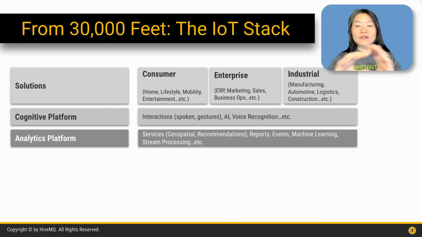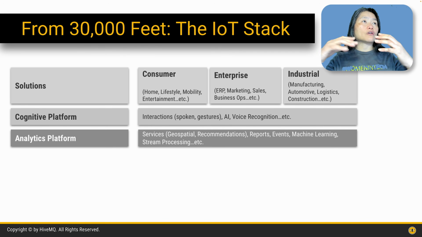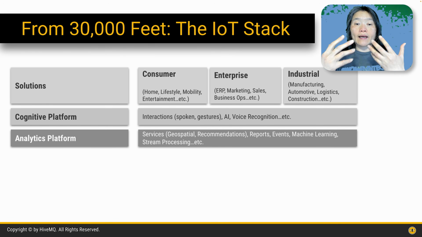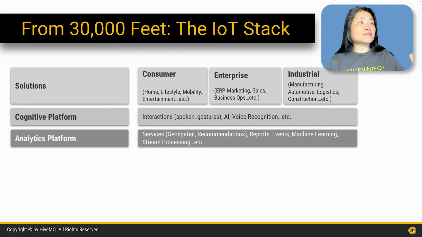So now we understand the solutions layer that makes use of multiple technologies that comprise all of these IoT enablement underneath. So let's take a look then. We further go down the stack. There's a cognitive platform too, with more interactions like spoken, gestures, you name it. Like I said, there's speed, right? All these things, temperature, sensor, all these things. And well, they can be cognitive too.